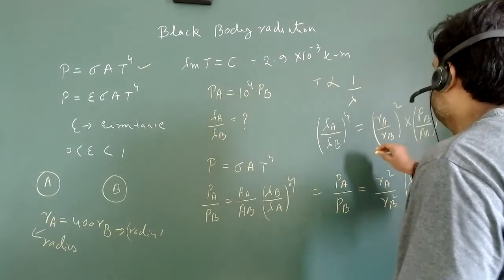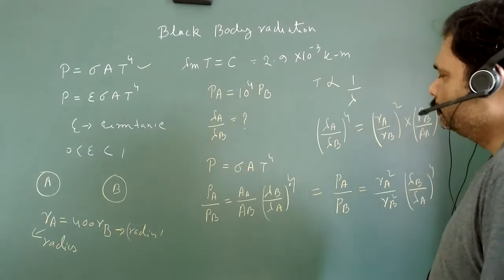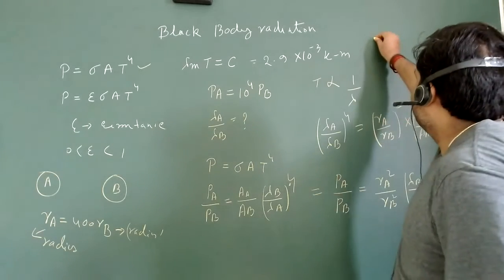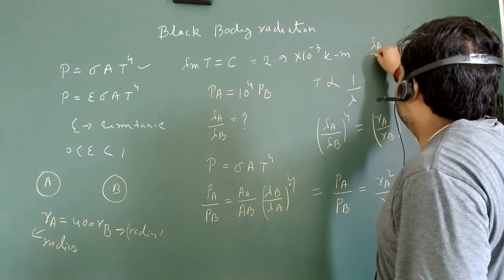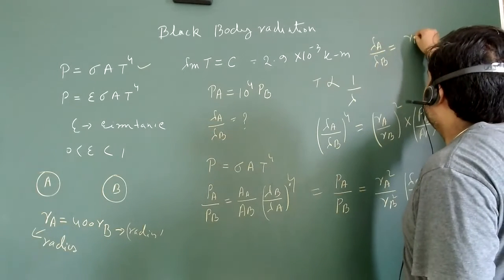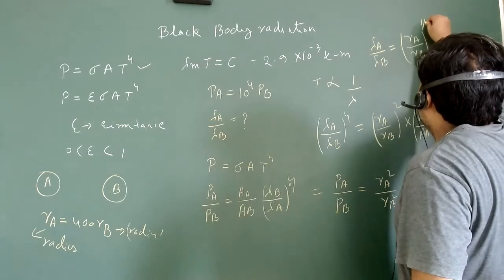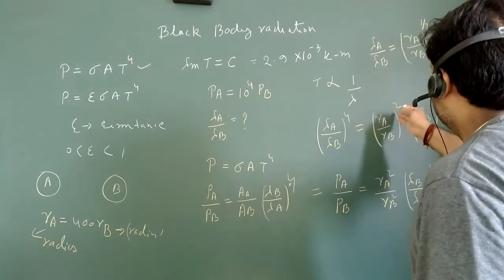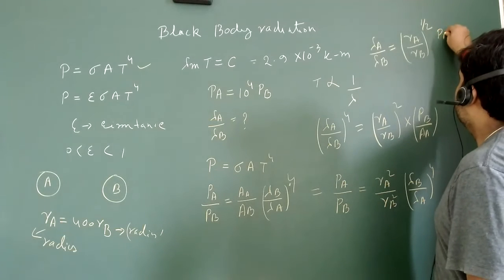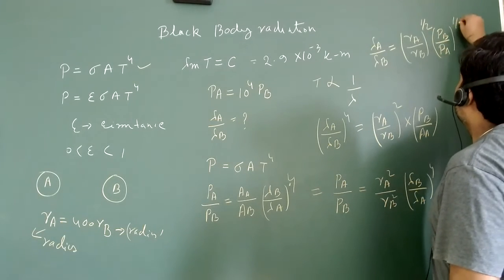Now if we write all this, lambda A upon lambda B is equal to RA upon RB to the power 1 by 2, because the 1 by 4 gives 1 by 2, and PB by PA to the power 1 by 4.